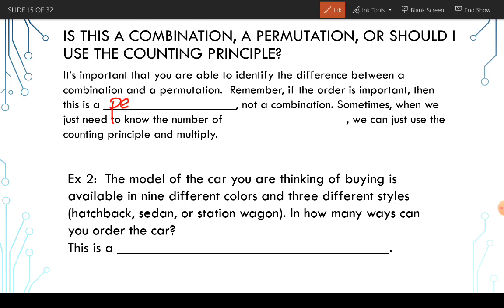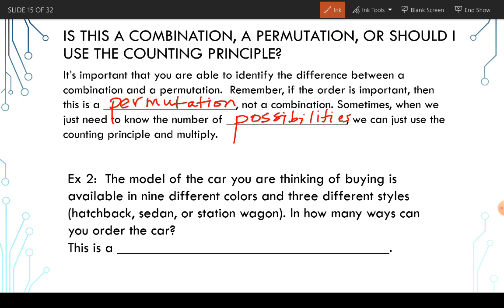A permutation, not a combination. Sometimes when we just need to know the number of possibilities, we can just use the counting principle and multiply.